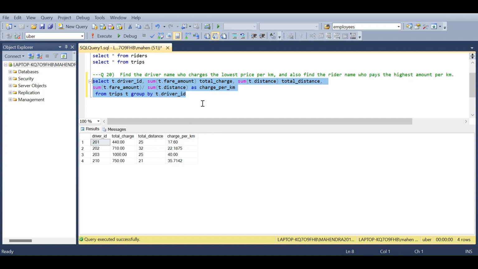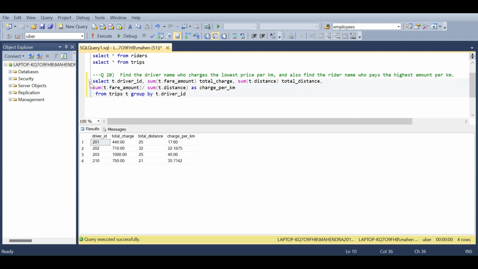Now we need to find the driver who is charging the lowest price per kilometer. So we could order by charge, or else we will write another query.